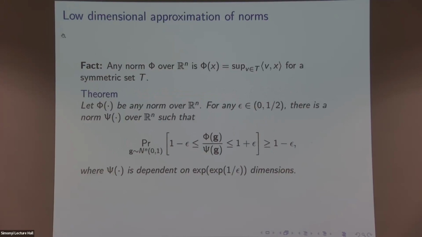This implies that if you start with any norm over R to the n, then for any target error there's a corresponding low dimensional norm, looking at only exponentially in 1 over epsilon dimensions, such that this low dimensional norm approximates the original norm with multiplicative factor 1 plus minus epsilon at a 1 minus epsilon fraction of the places.